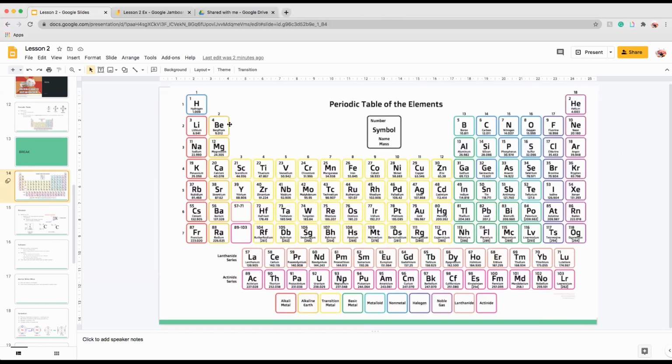The reason why everything has a number is because the number is the number of protons and electrons in an element. The amount is the number that they're given on the periodic table.